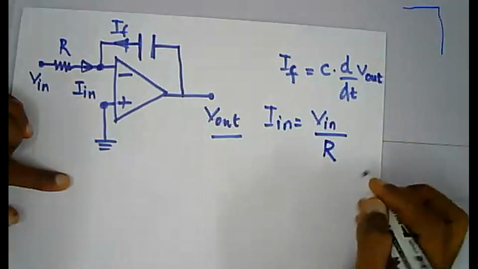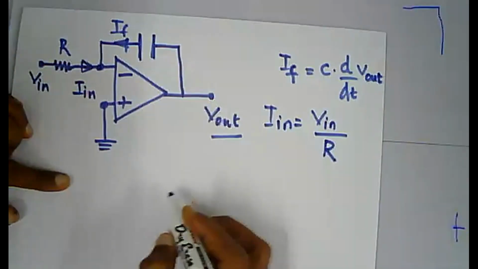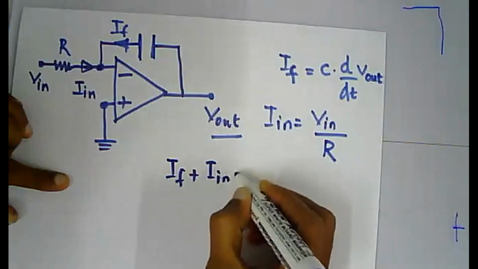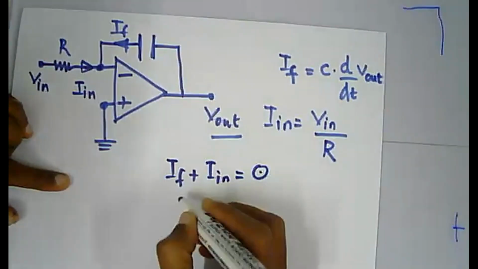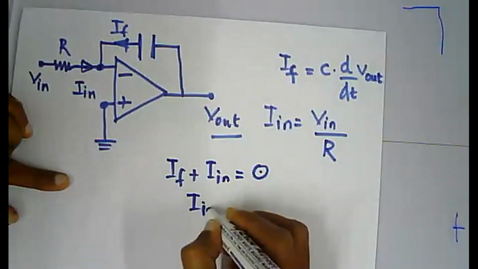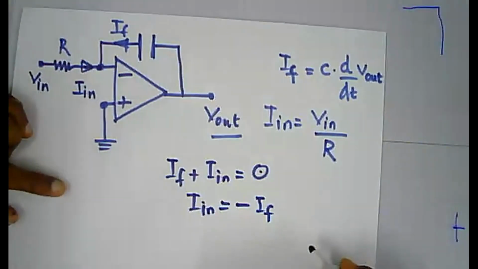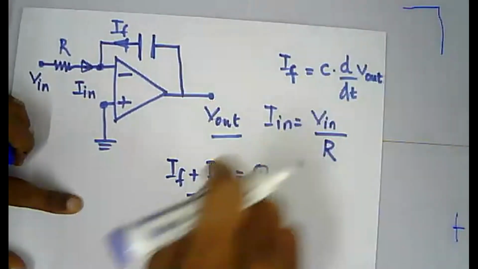If you apply Kirchhoff's current law at this node, IF plus I in equals 0. So I in equals minus IF. That's all. Now substitute the values.